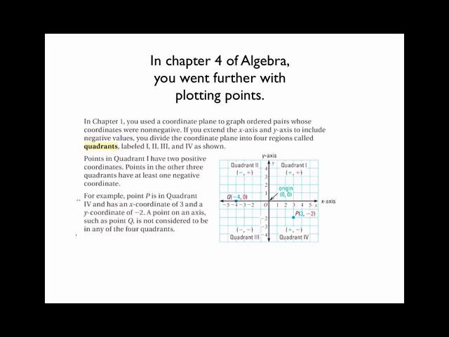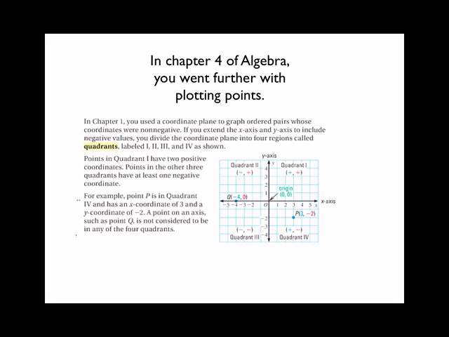In Chapter 4 of algebra, you went further with plotting points. In Chapter 1, you used a coordinate plane to graph ordered pairs whose coordinates were non-negative. If you extend the x-axis and the y-axis to include negative values, you divide the coordinate plane into 4 regions. We call them quadrants, and they're labeled counterclockwise starting at the upper right: quadrant 1, quadrant 2, then we go down to quadrant 3, and back to the right is quadrant 4.